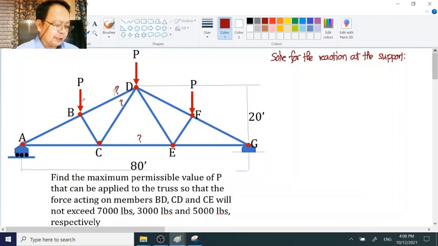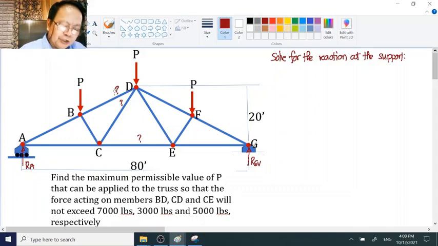Given the condition that yung ating P ay symmetrically placed on a structure that is symmetrical, then yung magiging reaction natin sa support ay pareho. Kaya kung meron tayong reaction sa A at dito sa G, assuming that these are our reactions, tawagin nating RA at ito tawagin nating RGV kasi meron siyang vertical component.